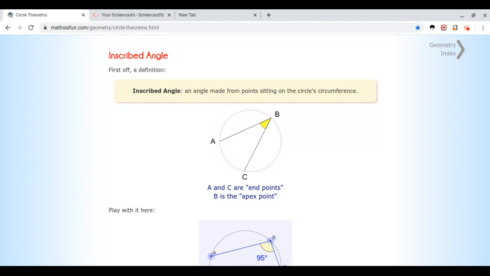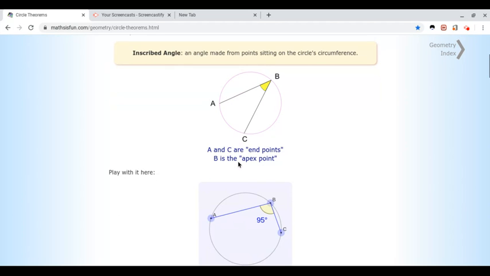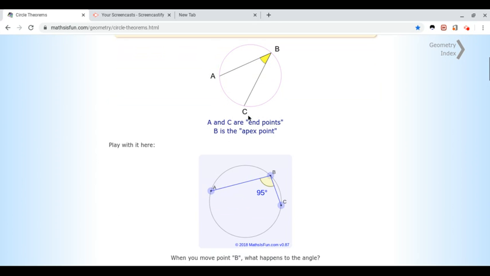An inscribed angle is an angle made from points sitting on the circle's circumference. So this is an inscribed angle. It's the angle where these two points are on the circle's circumference, and these are called the endpoints.